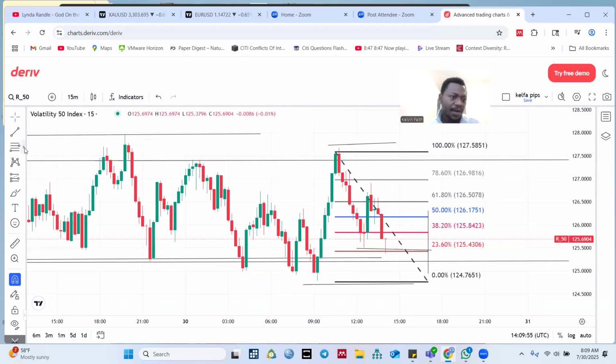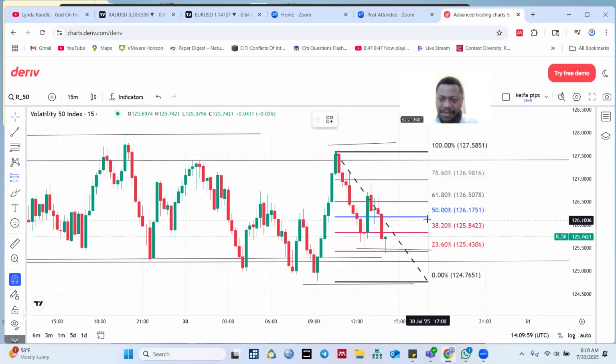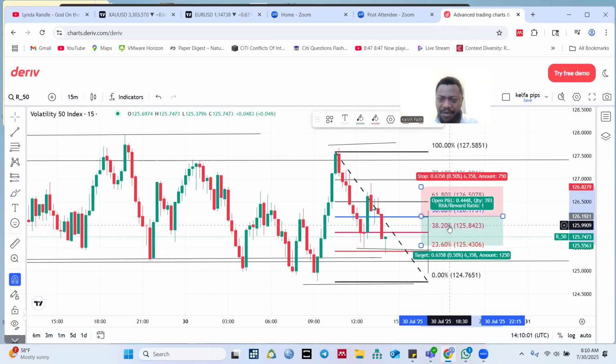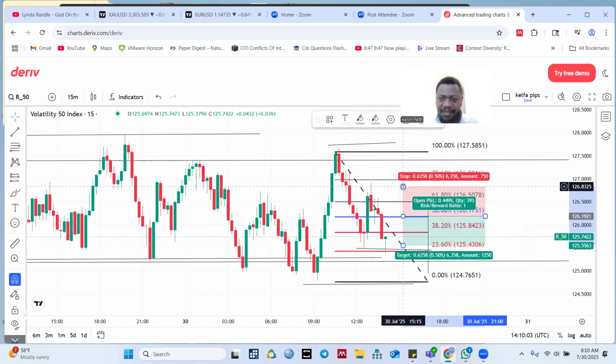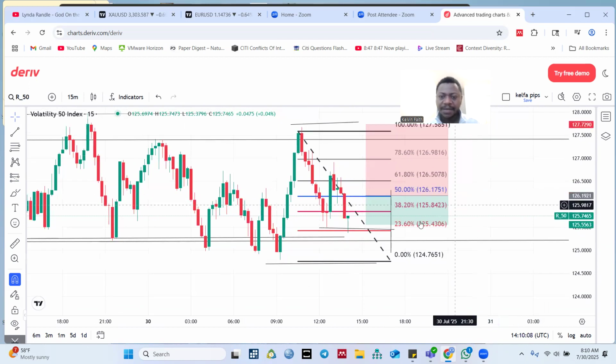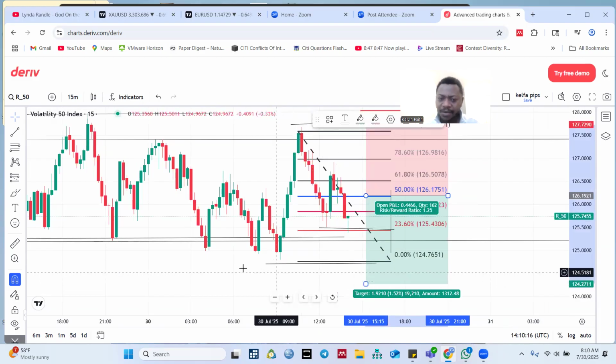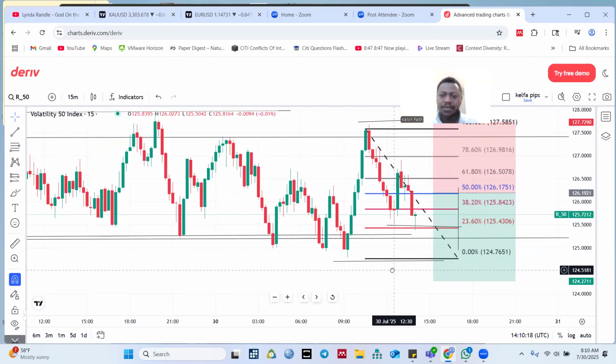So we might enter a new sell somewhere around here. And still our stop loss is going to be the high, very big. And then we'll target price closing here in the next 2 hours. So if price closes below, then we are good to go.